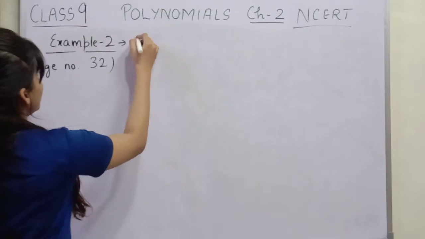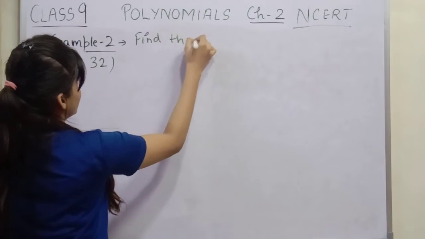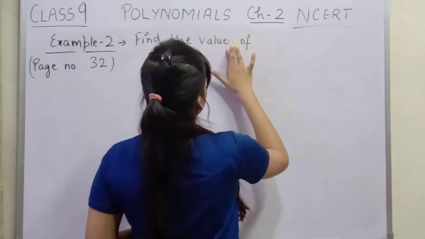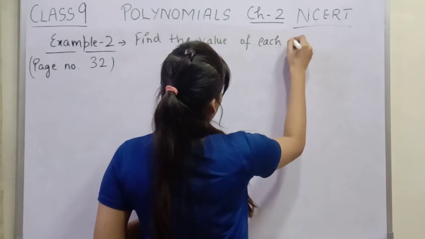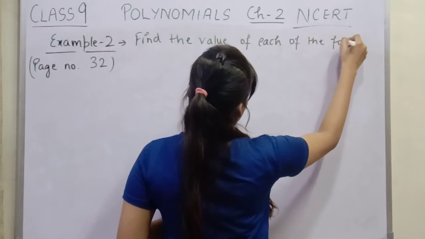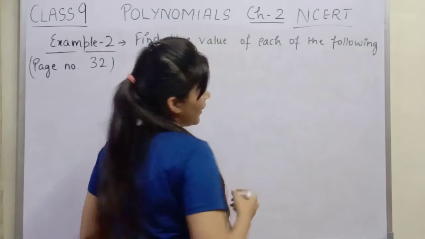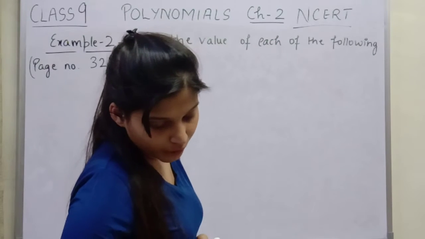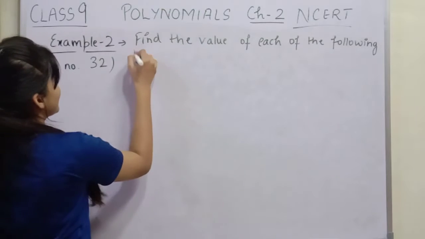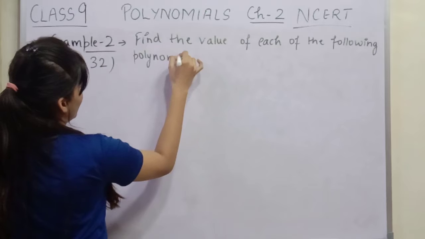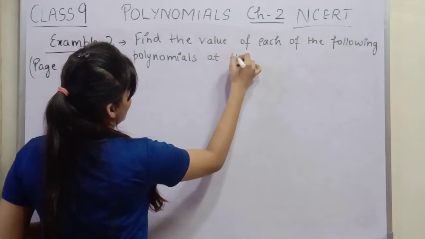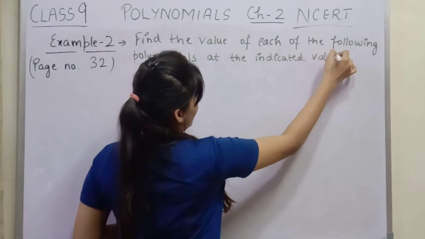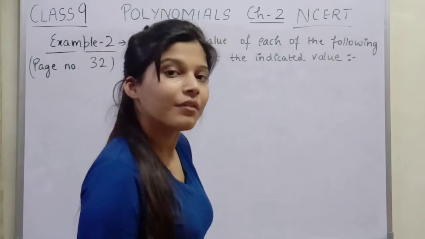So, we need to find the value of each of the following polynomials at the indicated value of variables, that we all know.